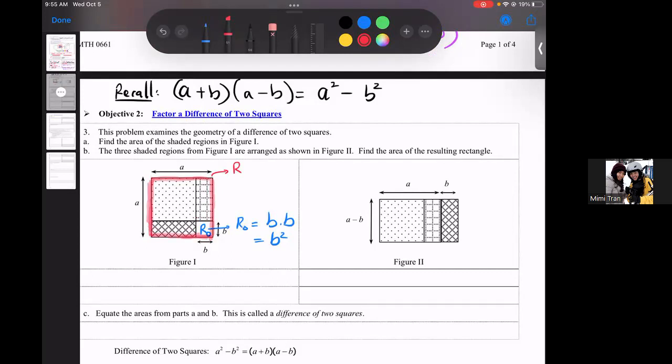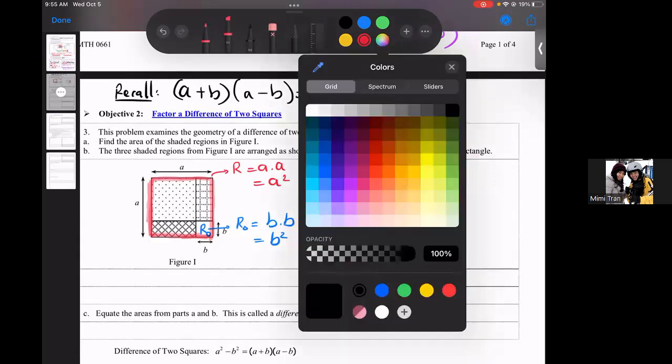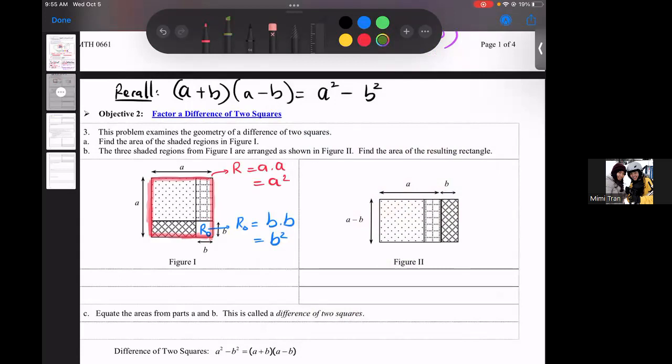I want to find the area of the big one, everything. So what's the area of the big one? a squared. Very good. The one I want is the shaded area. I don't want the non-shaded area. So the one I want is this one.